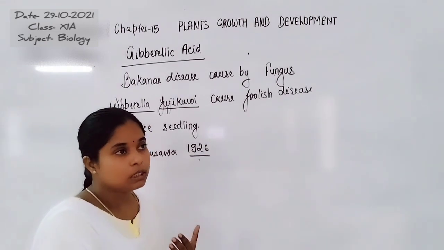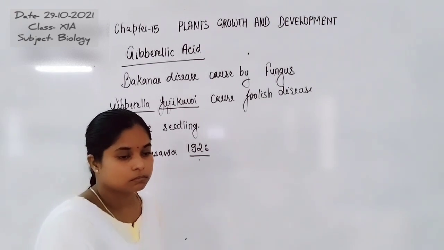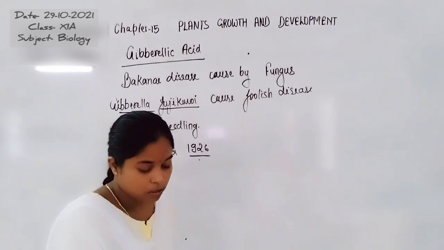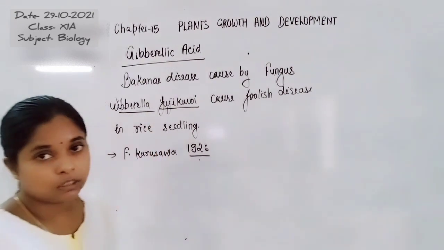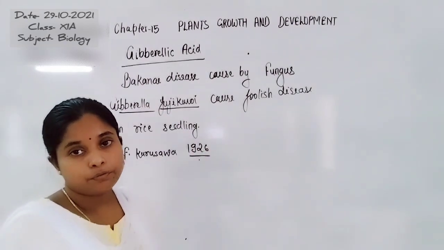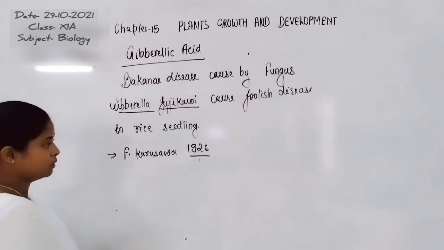Due to this extreme height, seeds do not form in such plants, so it induces parthenocarpy, that is, seedless fruit formation.